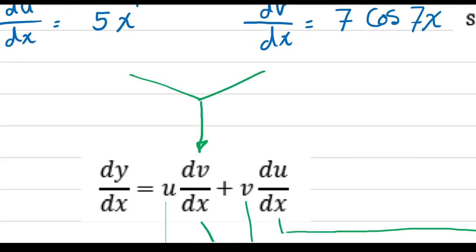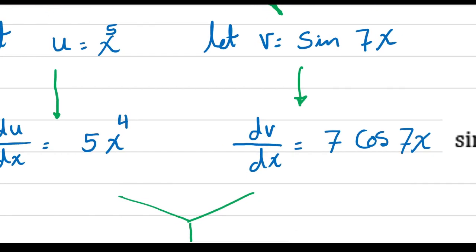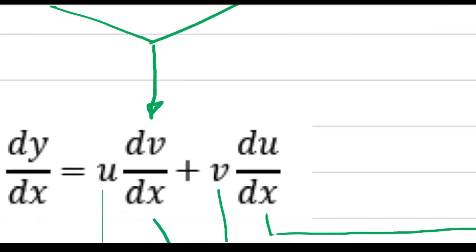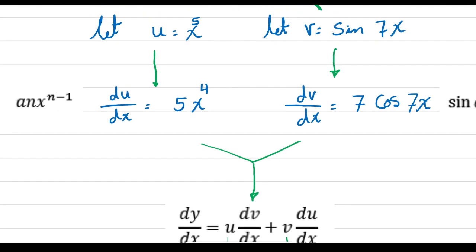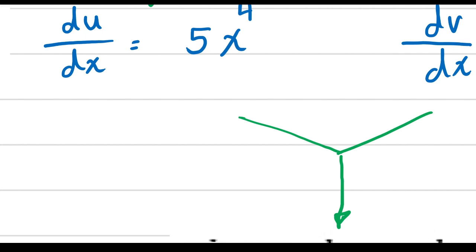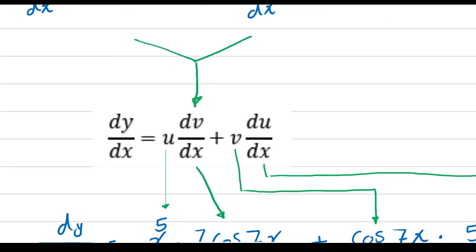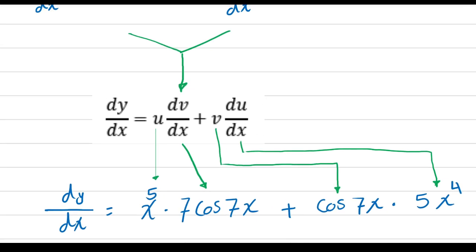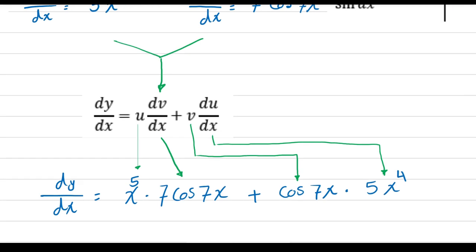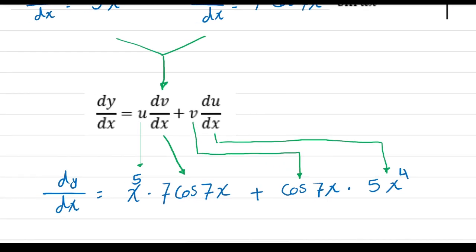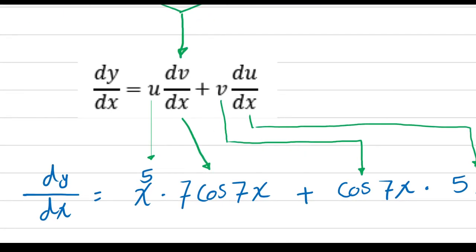You have v from the beginning equal to sin 7x, so you replace it here, and you have du over dx here, so you can replace du over dx. So you have all the data you need. What you should do is just replace each letter with its function, just normal substitution. After you substitute everything, you get your final answer.